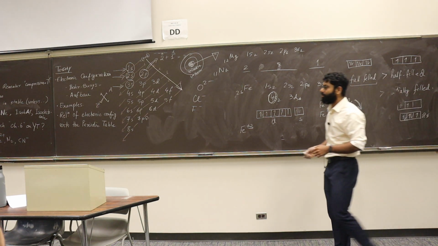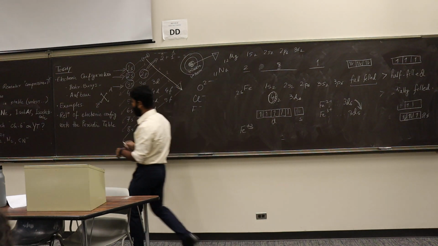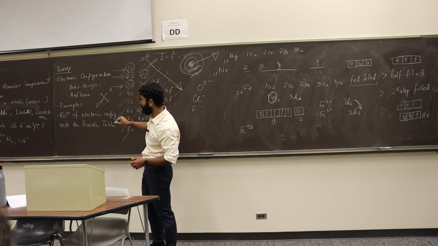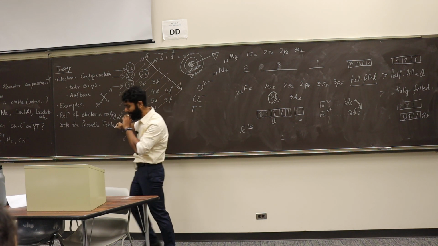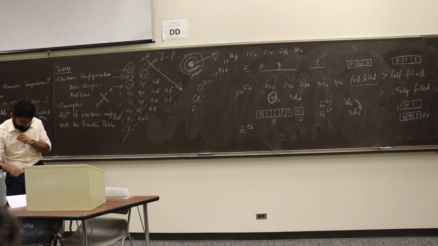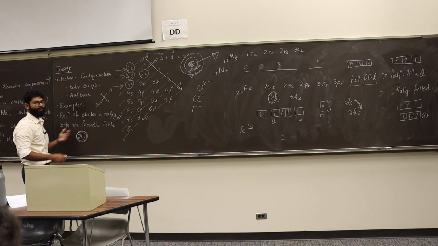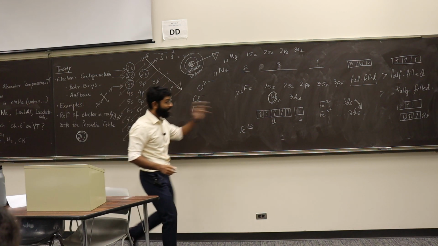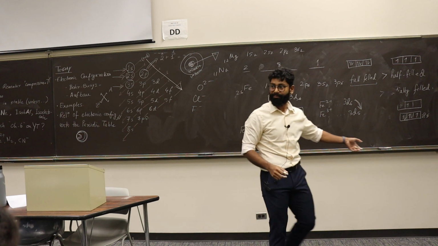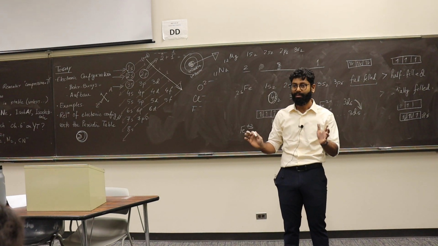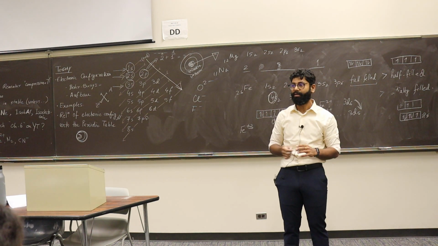And for your next class, I have this video, I think it's chapter 8. Please watch this. I wanted to introduce this a little bit. With this electronic configuration, you can exactly understand the anatomy of the periodic table.